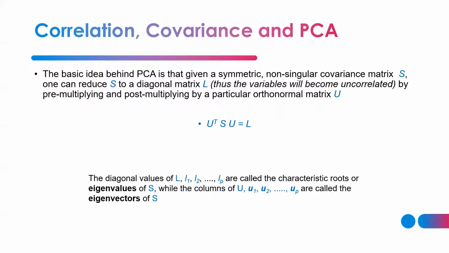And eigenvalues are directly related to the concept of variance. So the higher the value of the eigenvalue, the higher the amount of information or variance available in that specific vector, the corresponding eigenvector.